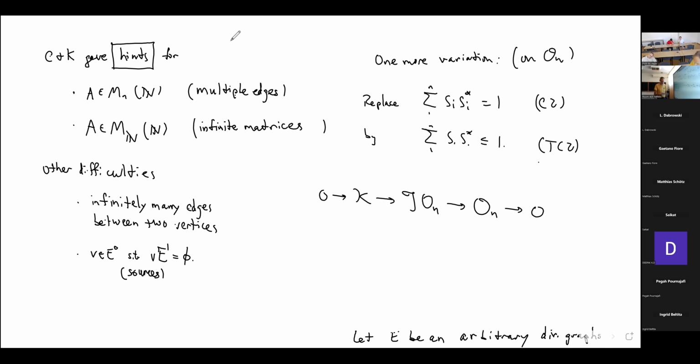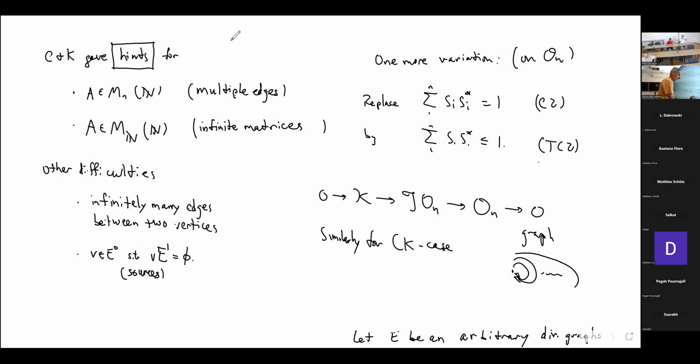So Cuntz studied this also in his original paper, and similarly the Cuntz-Krieger algebra. The underlying graph for O_N should look like a star with each arrow pointing into the center. So the underlying graph for O_N is one vertex and N arrows.